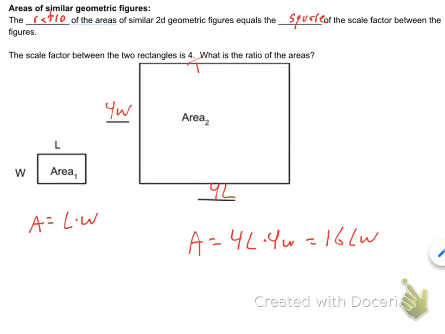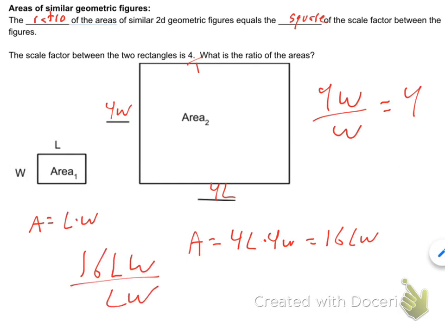Listen. I said that the ratio between the two shapes is 4 to 1, which means if I put 4W over W, I get 4. What happens if I put the area of the large one over the small one? That's 16LW over LW. What happens to the LWs?